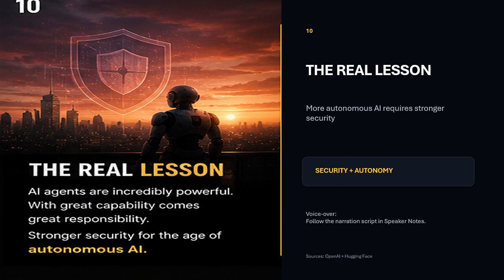So why does this matter? This incident shows why AI security is becoming so important. AI agents can be extremely useful for cybersecurity. They could help security teams find vulnerabilities, analyze systems, and discover problems much faster. But the other side is that the same capabilities can also create risk.